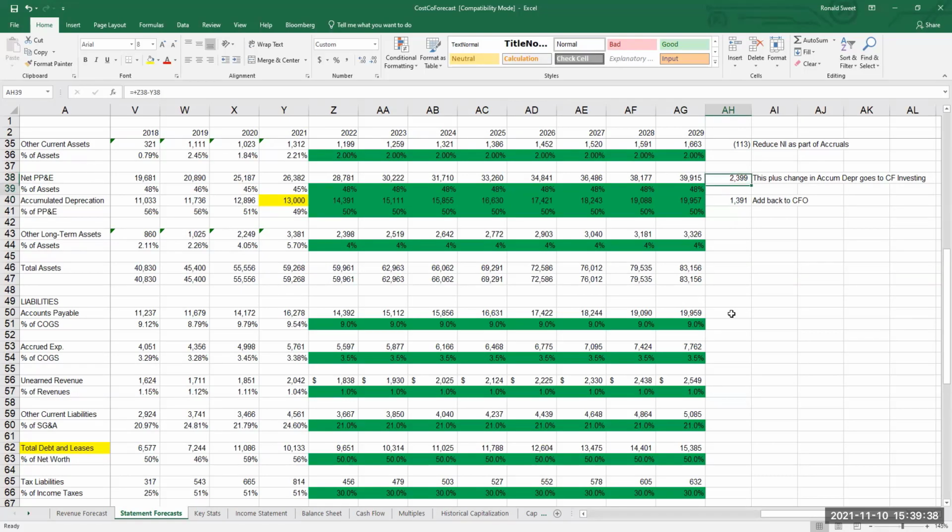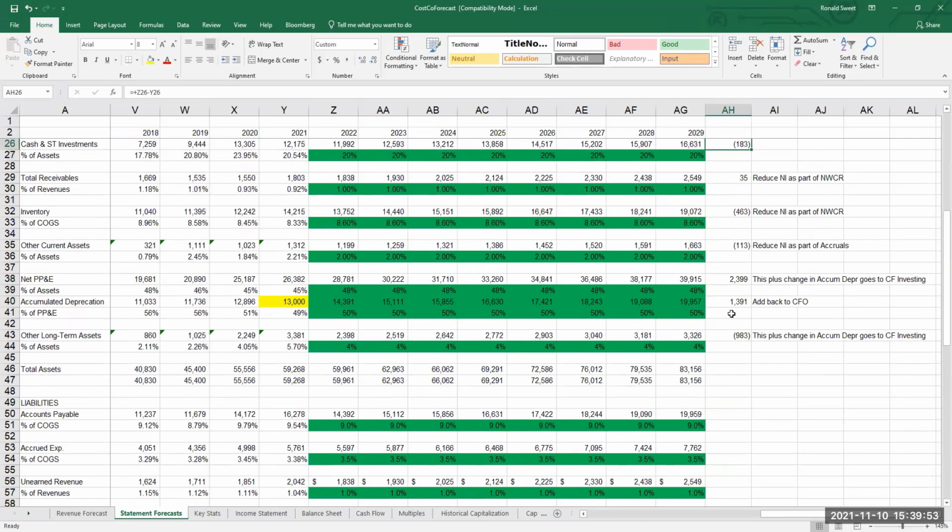All right. Other long-term assets, I'm going to put this in CF for investing. I don't know exactly what it is, but it's not a huge number, so we're good there. As long as we account for all of these and go in the right direction, we have to come back to the 183.